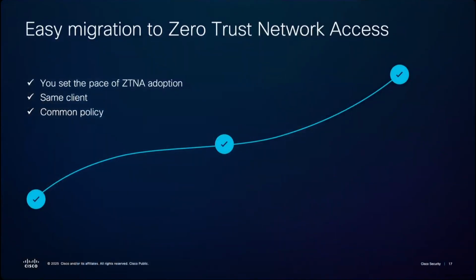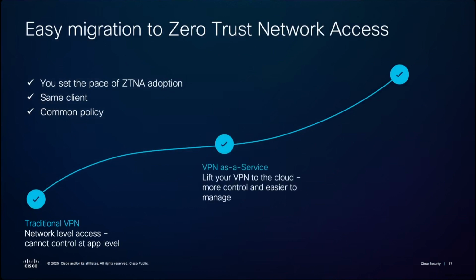Now, if you think about the pace of adoption or the migration from where you are today, from traditional VPN all the way to unified ZTNA, it's a very seamless transition. Traditional VPN was very focused on network level access, and it was not designed for providing application level control. The obvious next step for a lot of customers is the ability for us to provide VPN as a service.